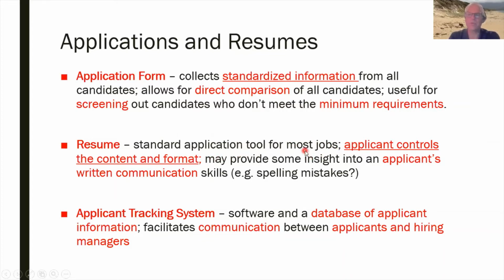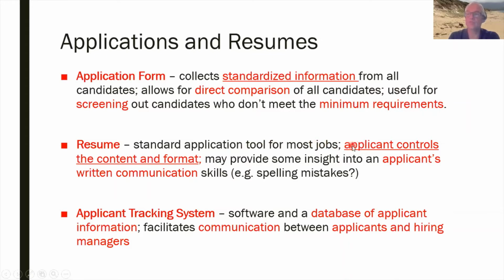Good example is for a lot of students, or recent grads, they like to put their education first, because they lead with the most relevant reason why I deserve this job, which is that I have a degree or diploma, right?